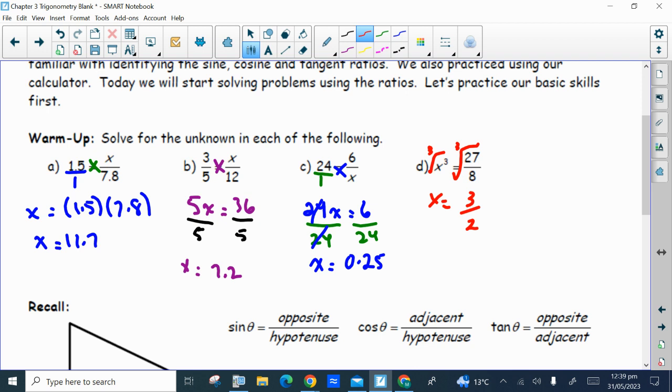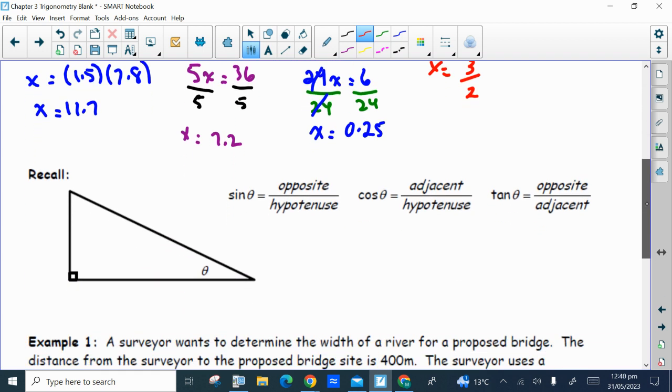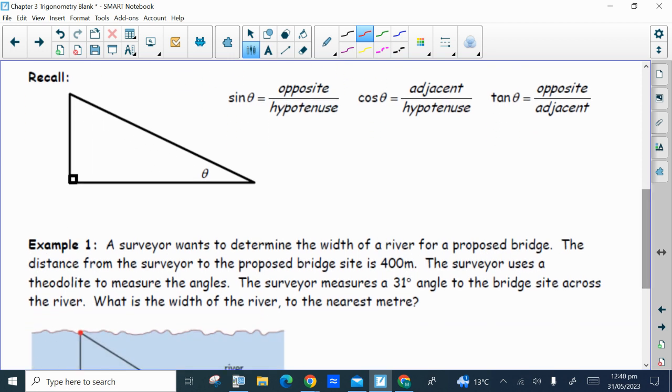So those first three examples, we did steps very similar to when we were finding a missing side or missing angle in a right triangle by using those three trig ratios. They're on the formula sheet, so we don't have to memorize them, but you have to know how to use them. And remember, that involves labeling the sides of the triangle. The side across from the right angle is always the hypotenuse.